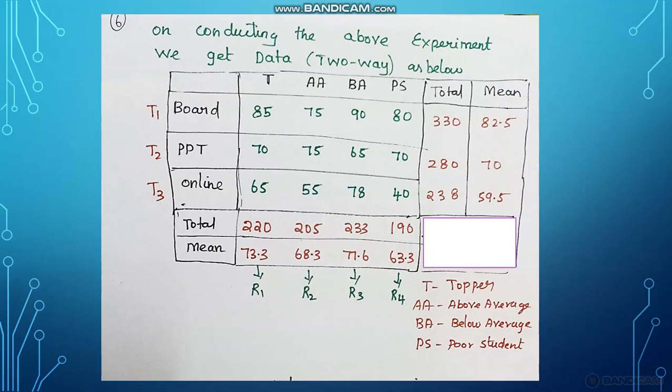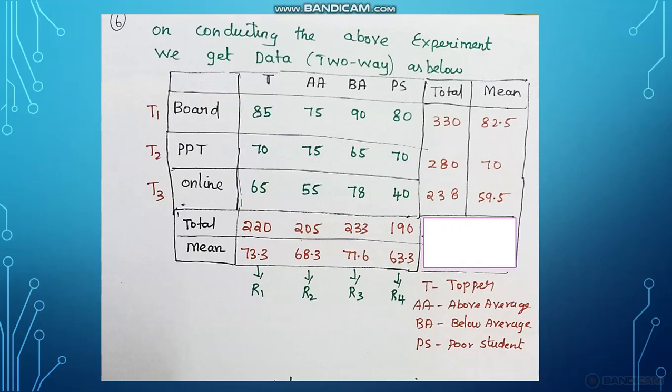Next you want to find the replication total: 85 plus 70 plus 65, similarly 75 plus 75 plus 55, similarly 90 plus 65 plus 78 will give 233, similarly 80 plus 70 plus 40 will give 190. So 220 divided by 3 will give 73.3, because we have 3 treatments.